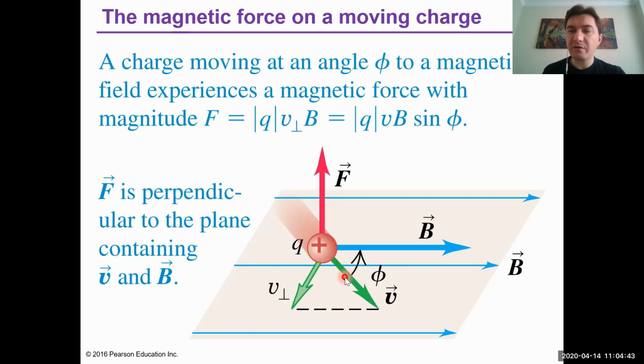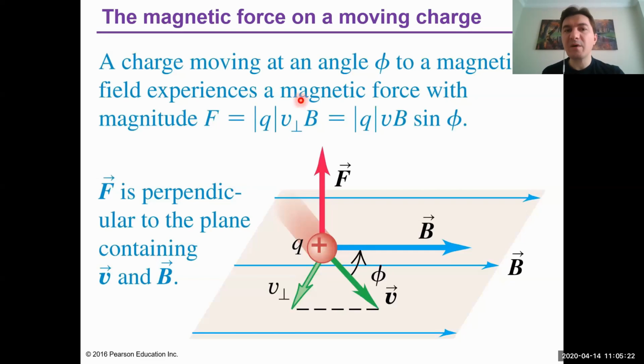As I told you, if the velocity has a perpendicular component, this velocity has two components, one here and another here. Due to the parallel component, there will be no magnetic force, because velocity and magnetic field are parallel for that component. But here we have a perpendicular component of the velocity, so due to that perpendicular component, we will have a force.